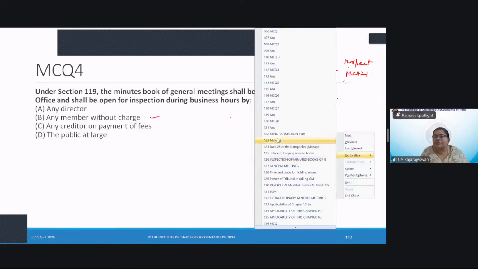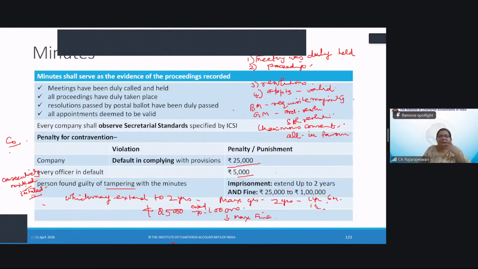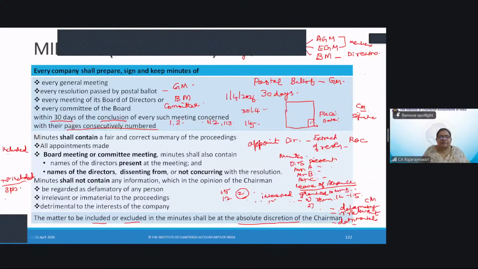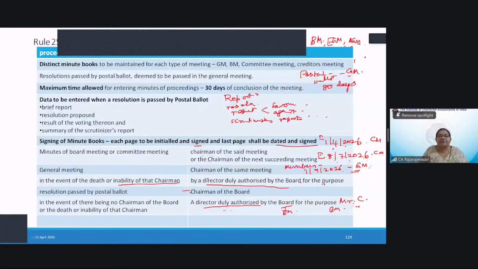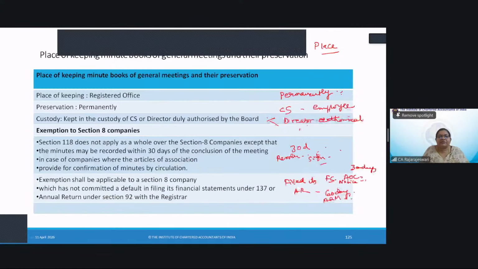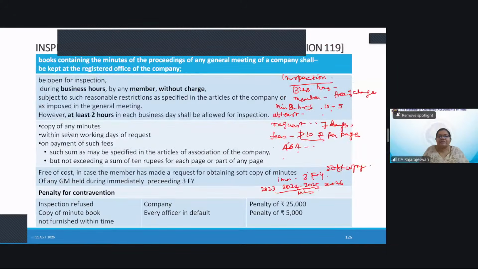We will go to the minutes: inspection of minutes. We will see signing of minutes, then place of. That's why you are keeping it under the custody of a company secretary or a director. Inspection of minutes.